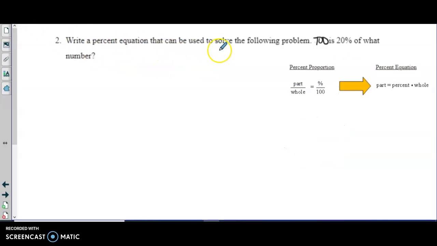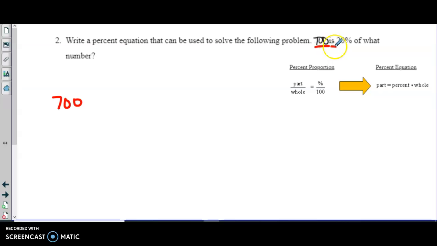Write a percent equation that can be used to solve the following problem. 700 is 20% of what number? Now I'm going to go ahead and tell you that I usually like to write it exactly in the order that it comes. So if it was me writing this, I would write 700 first.